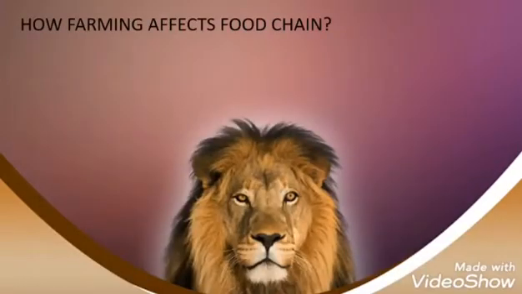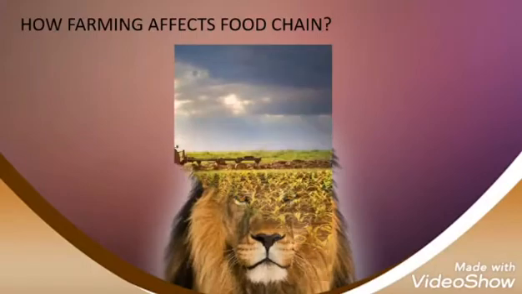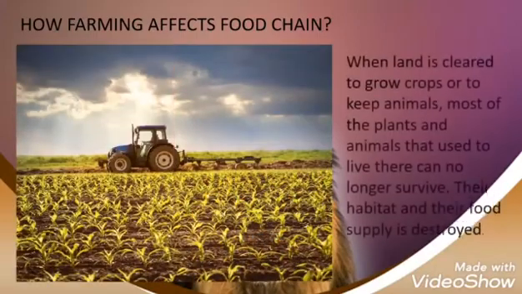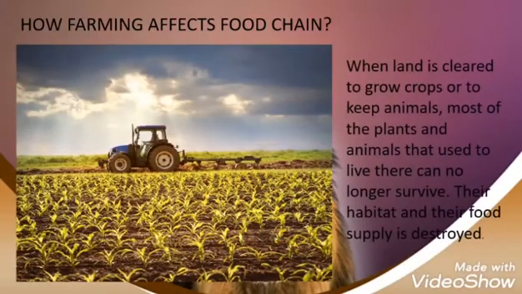How farming affects the food chain. When land is cleared to grow crops or to keep animals, most of the plants and animals that used to live there can no longer survive. Their habitat and their food supply is destroyed.